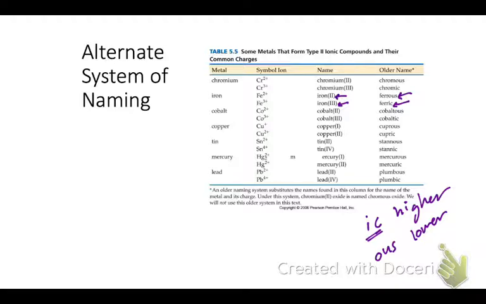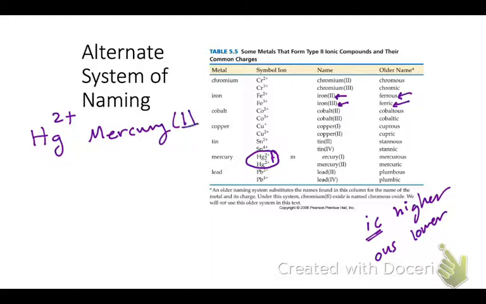Now, mentioning mercury here, mercury 1 and mercury 2, is an important thing to pay attention to. Mercury 2 does not have anything special, just a regular monoatomic cation with a +2 charge. So that here will be mercury 2. Mercury 1 should be 1 mercury with a +1 charge. Actually, it is.